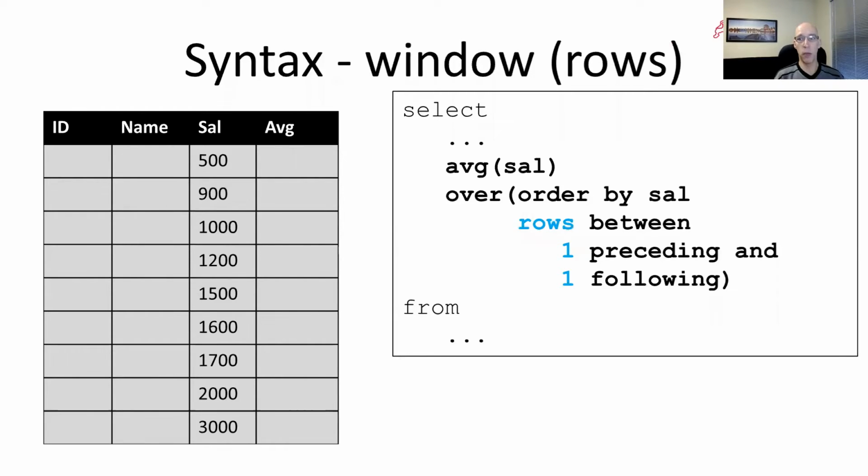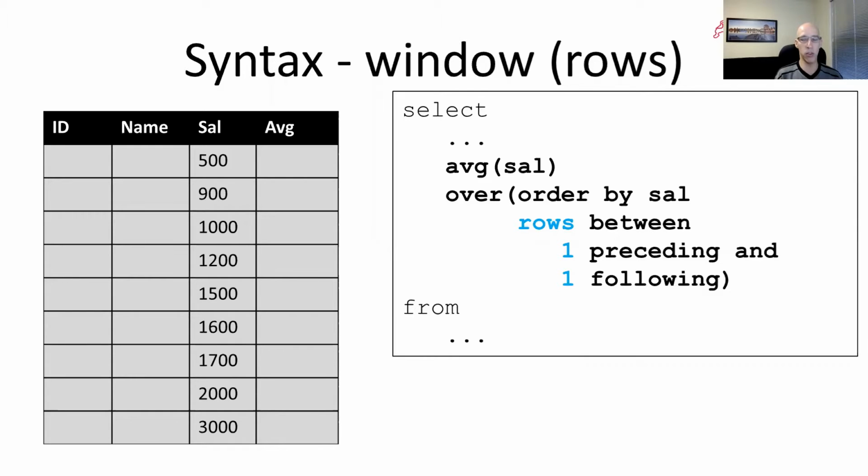The next clause will be window, and this is a little bit more complex, as Erik showed you. But what we'll do here is look at the over clause. First of all, we order by salary, and then we take the window, which is rows between one preceding and one following. The analytic function is average.